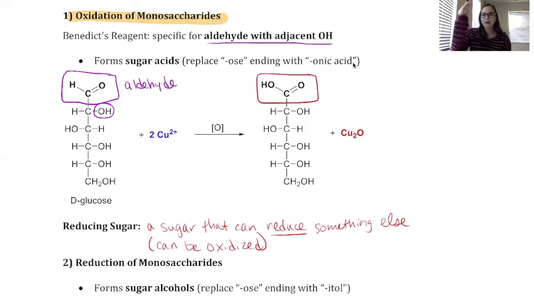Even with all the craziness going on with the rest of the chain, with all the different hydroxides, the fastest thing that's going to be oxidized is that aldehyde into a carboxylic acid.